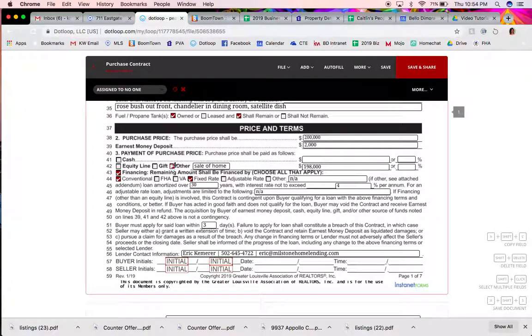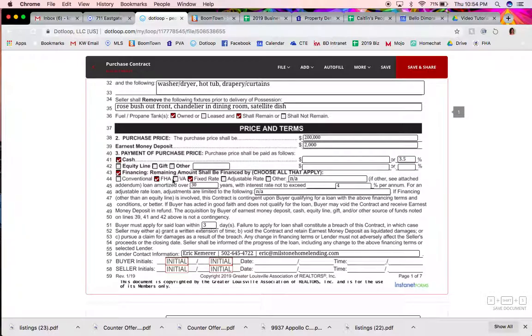Let's get a little bit more obscure here. Let's say we're doing an FHA loan. So we'll switch over to FHA. We'll say we've got our 3.5% down for cash, and then we're going to finance the rest, okay?